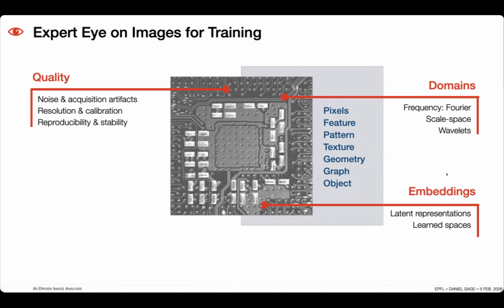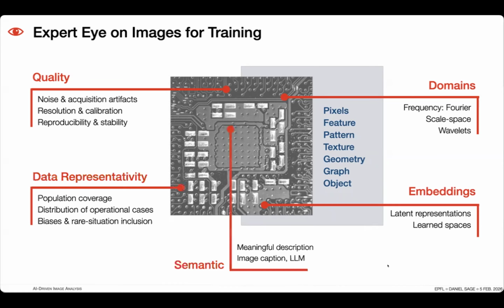Another modern way to see the image is to embed it using a model and to learn something in the latent space. So we reduce the information, we encode the image in a latent space using an AI model, and we observe what happens in the latent space. That's also a new way to approach an image.